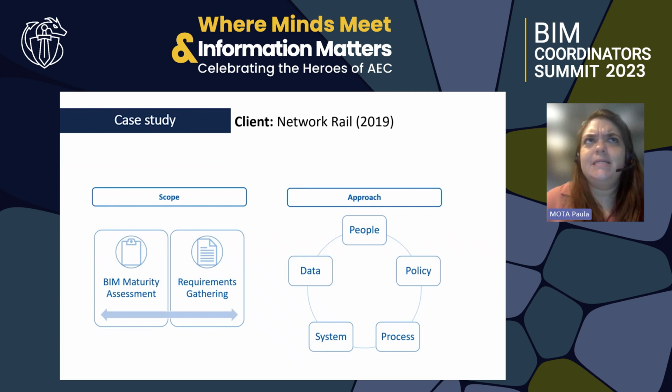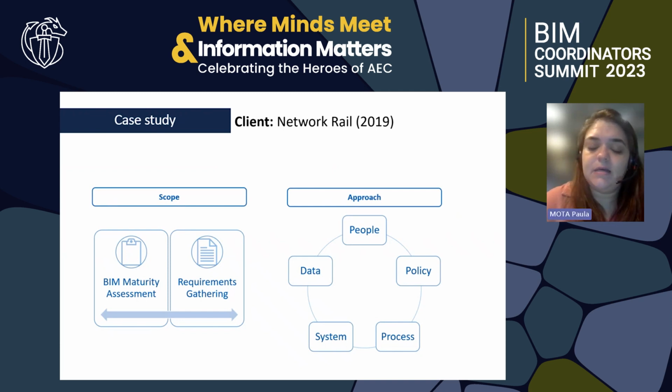Furthermore, we did some document analysis and created some requirements. It was almost 3 months working on this project to make sure that they have a great maturity and a great path to look toward.